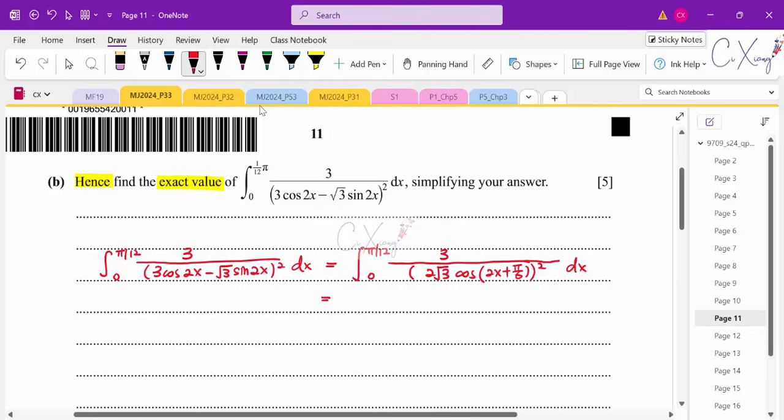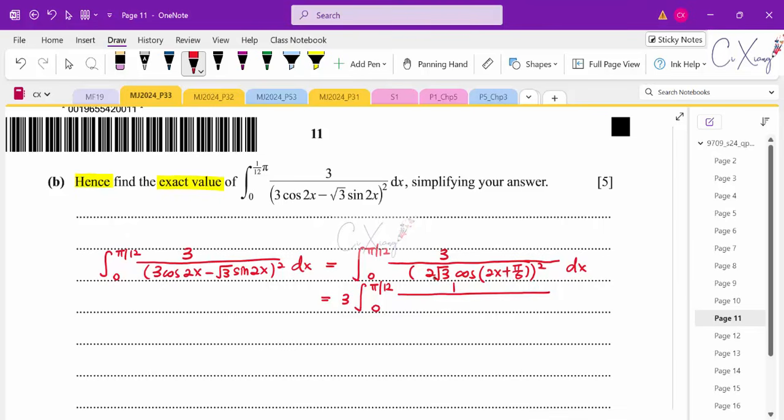So what's the next step here? I try to expand. What do I have at the bottom part? Maybe for me, I take out the constant 3 first. Then I will be having 1. Okay, so expand the 2 with a square and also multiply with root 3 squared. I'm having 12.